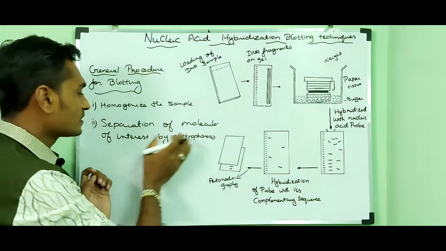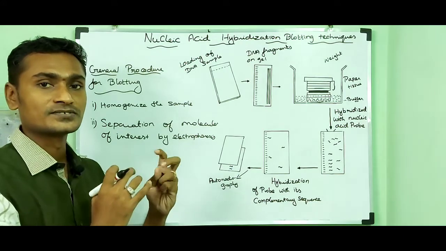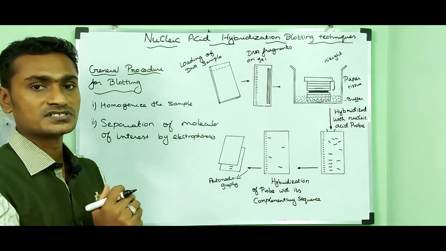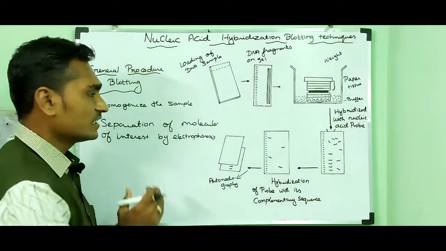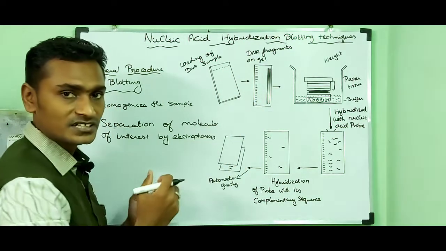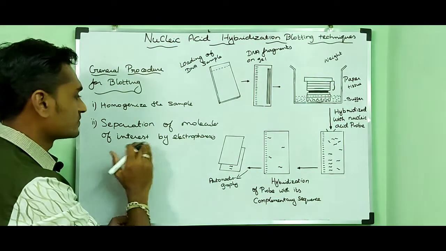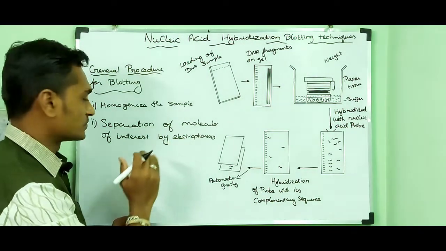Suppose the molecule of interest is DNA, we have to use gel electrophoresis, agarose gel electrophoresis, in order to isolate the DNA fragments. Here you can find the gel plate which contains the DNA fragments. So that is the separation of the molecule of interest by electrophoresis.